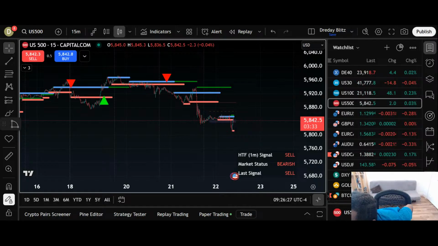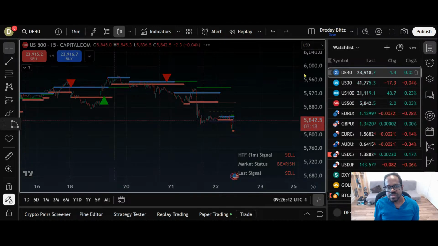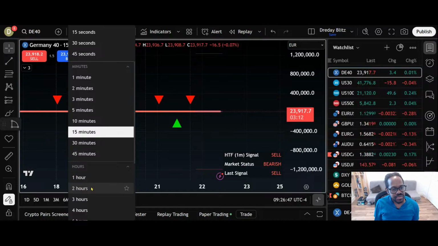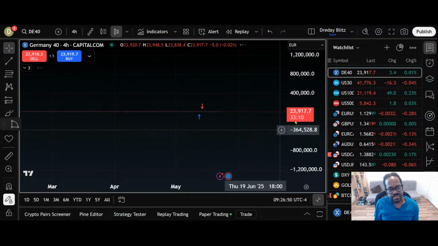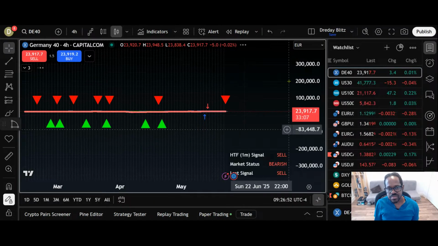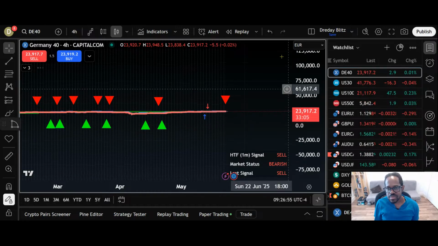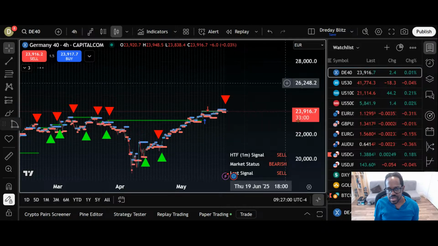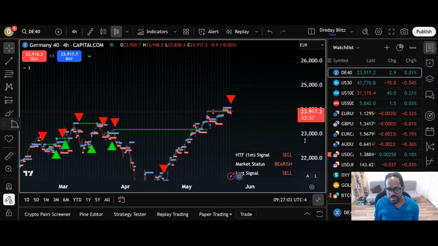I can see 4-hour Wyckoff printed. So let's look, see on the 4-hour. Yeah, so you have to wait until that 4-hour is closed for confirmation.